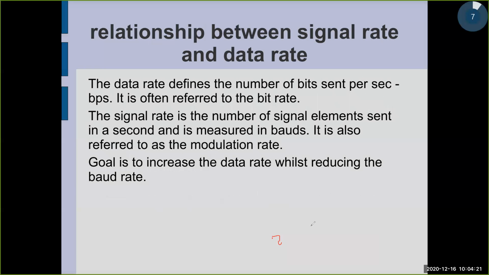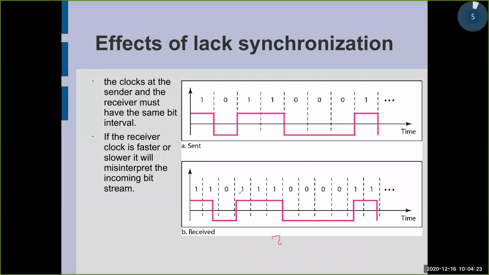So I showed you here that if we don't have synchronization, okay, the problem will occur every, let's say, 10 bits, if we have 1 nanosecond lag.